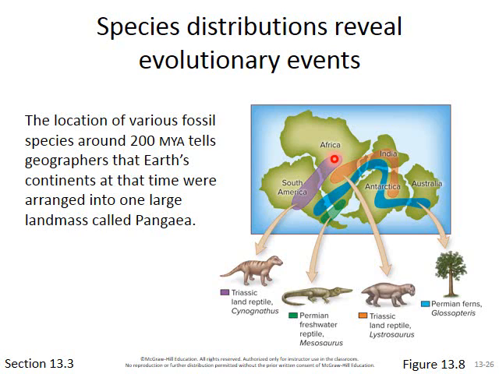Now, if it was a flying species, it might make sense that they migrated across the Atlantic Ocean. And that's why they're found in both Africa and South America. Well, what about organisms that can't fly, that can't swim? Well, the reason that they are found in both of these continents is because at one time they were a large continent connected to one another, and these organisms roamed across these lands freely.